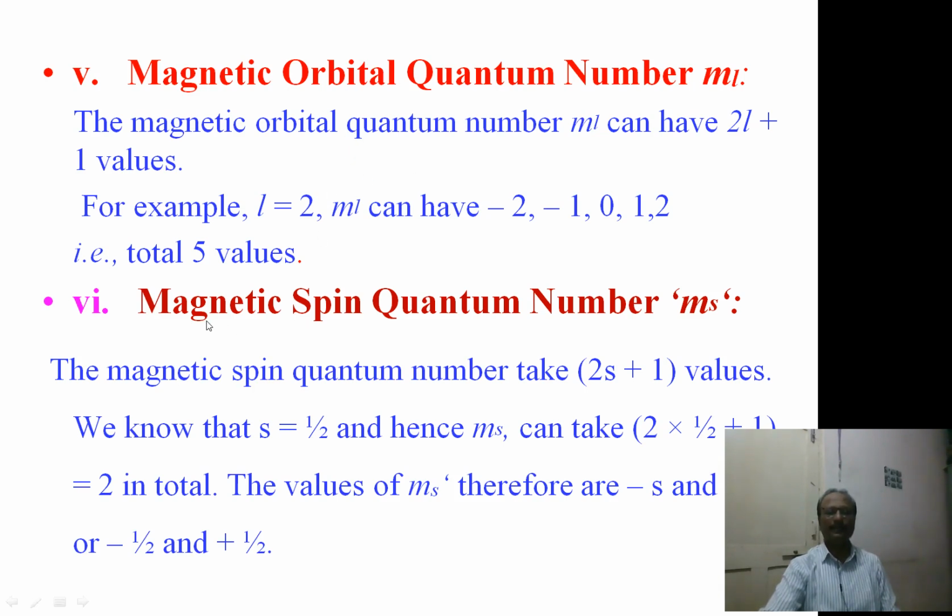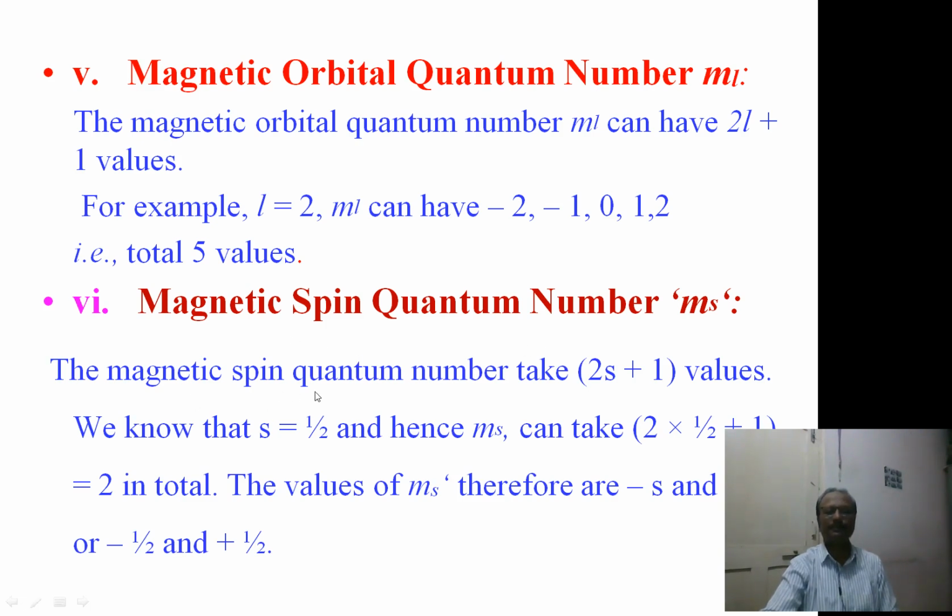As we know that the electron spins about its own axis, means when the electron revolves around the nucleus, it also moves about its own axis. So this spin motion of the electron gives us the spin quantum number, and here it is the magnetic spin quantum number because the external magnetic field is applied.